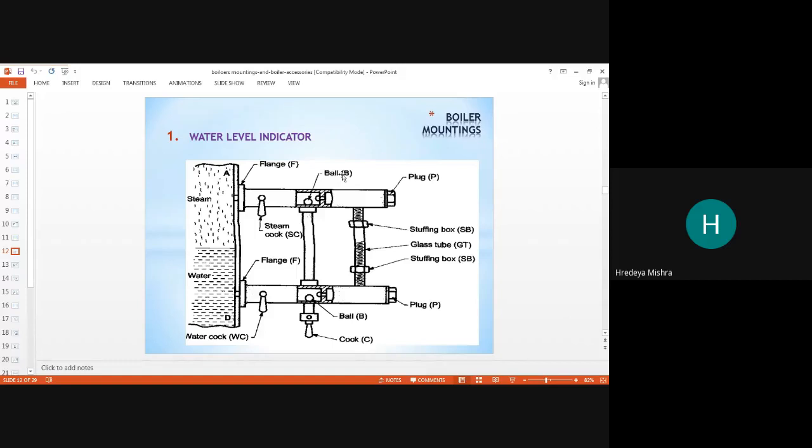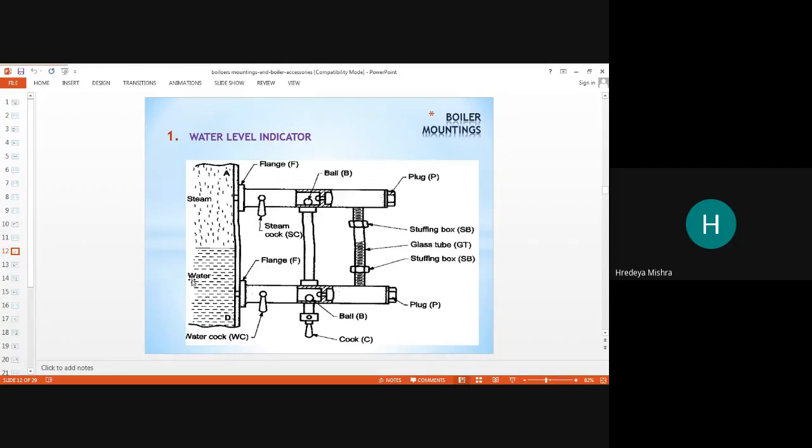Flange, ball, plug, stuffing box, glass tube, stuffing box, plug. Now one other ball is there. This is the water cock and this is the steam cock.